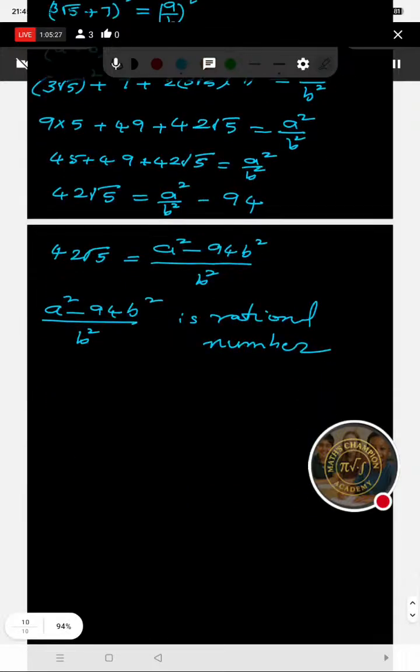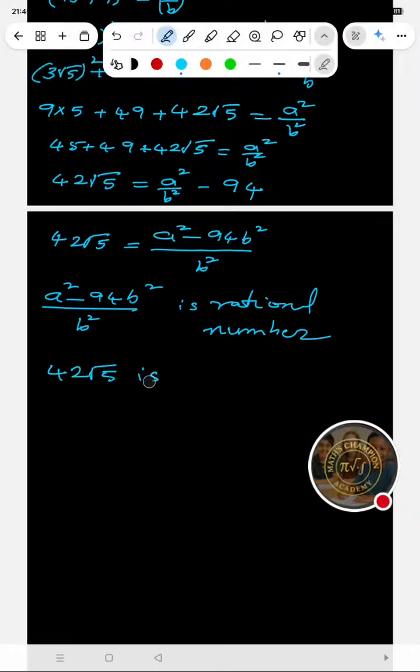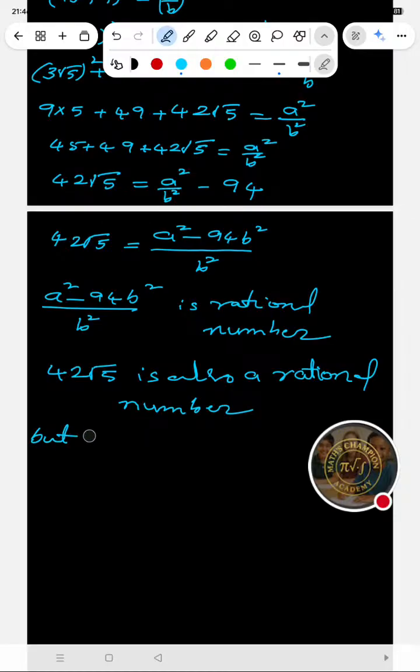So we can say 42 root 5 is also a rational number. But this contradicts, so our assumption is wrong.